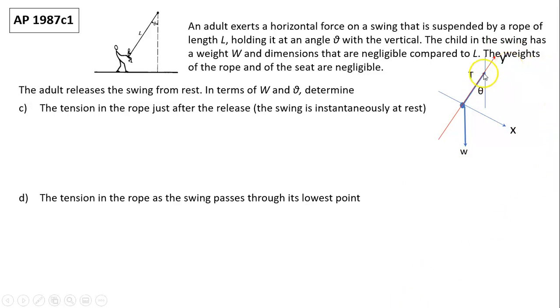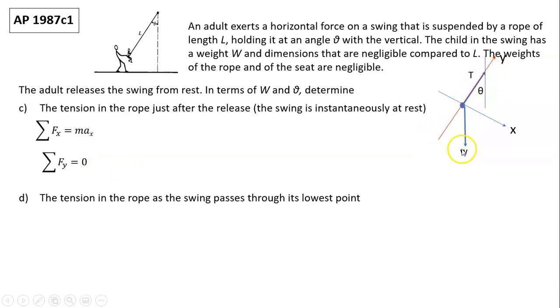We know the swing is not moving in the Y direction. So the sum of the Y forces equals 0. The sum of the forces in the X direction produces the acceleration. So sum of Fx equals max, sum of Fy equals 0. Let's take a look at Y. We have T positive.